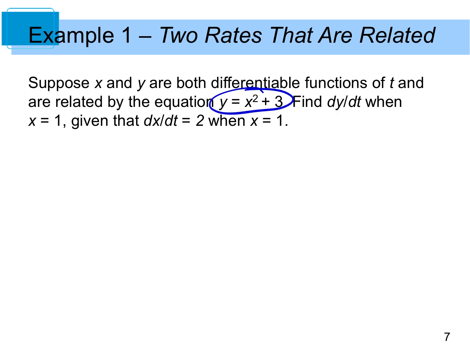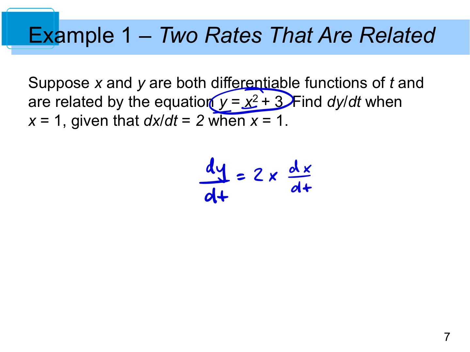So we're going to take the derivative of y equals x squared plus 3. So what's the derivative of y? dy over dt, perfect, is equal to, what's the derivative of x squared? Awesome, 2x times dx over dt.